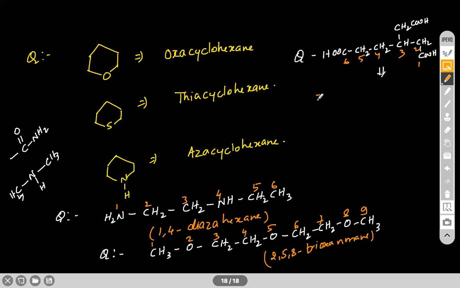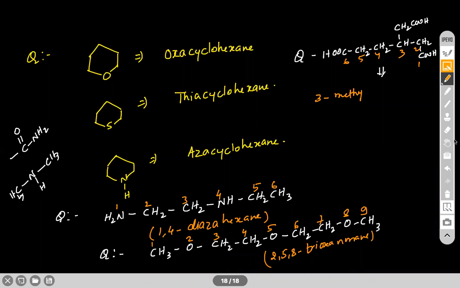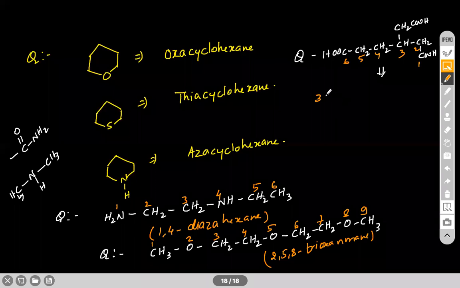So at the third position, what do we have? Third position, we have methyl carboxy. Sorry, carboxymethyl, because methyl is the group which is attached to the parent chain, no?